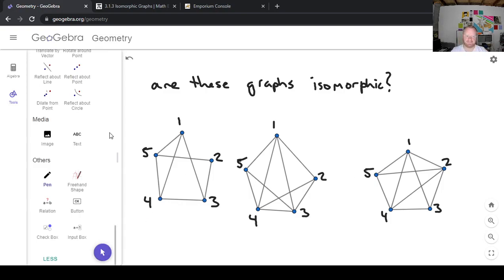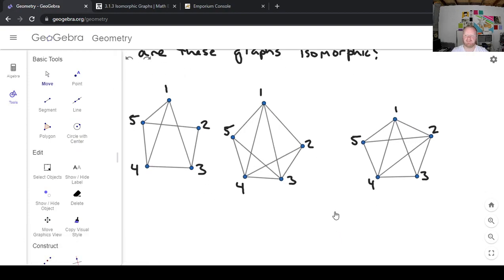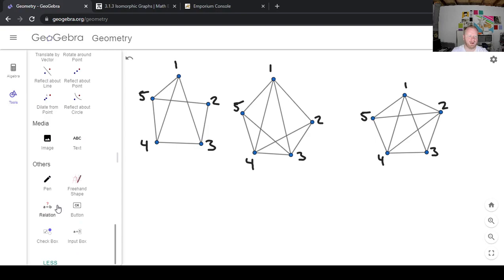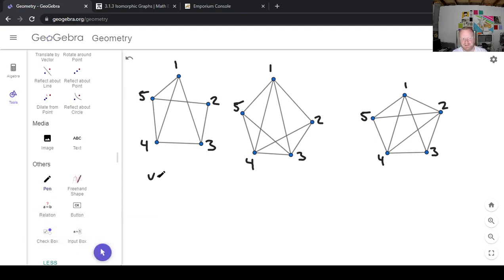And I can make a list of the valences for these. What I mean by that is I can talk about the valence of each vertex.